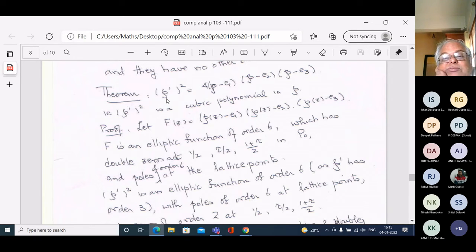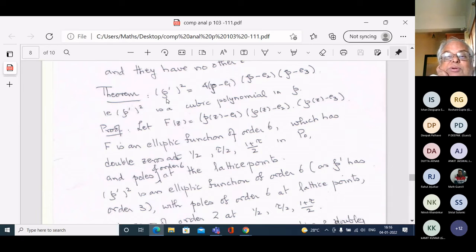This is a meromorphic function. ℘(z) − e1, ℘(z) − e2 and ℘(z) − e3 each have order 2, so F(z) is an elliptic function of order 6, which has double zeros at 1/2, τ/2 and 1 + τ/2 in the fundamental domain.